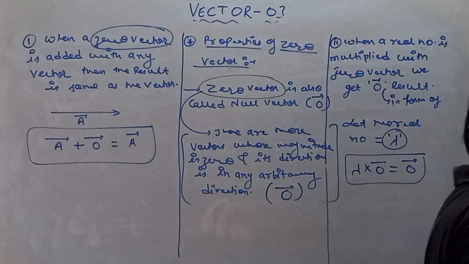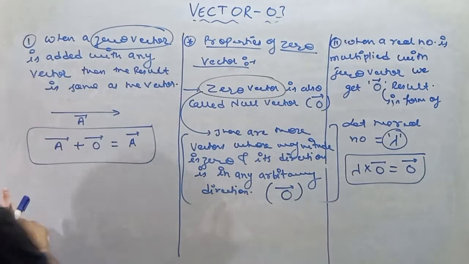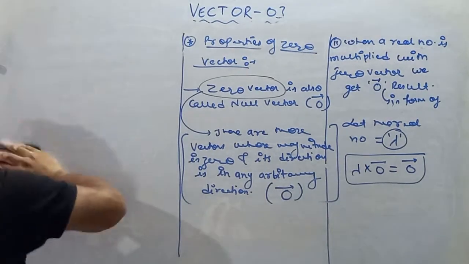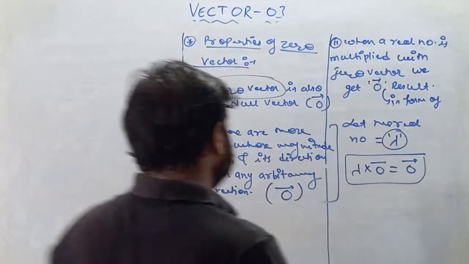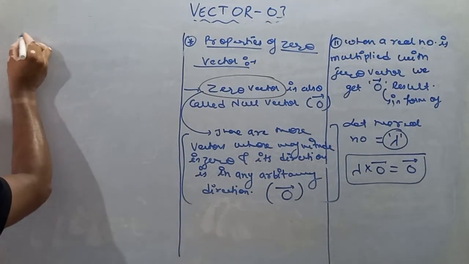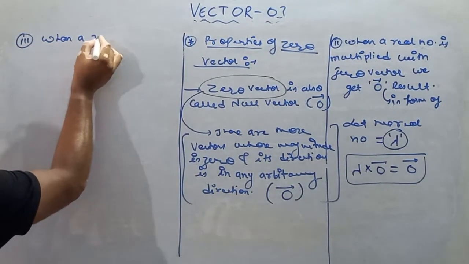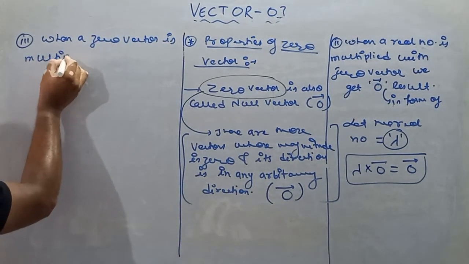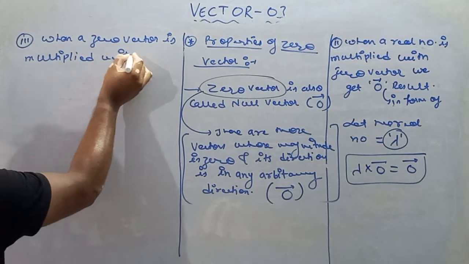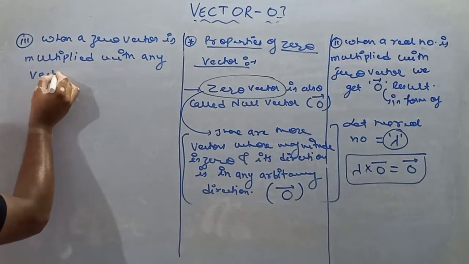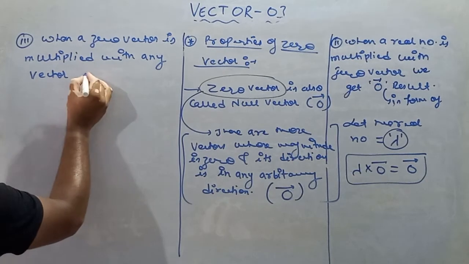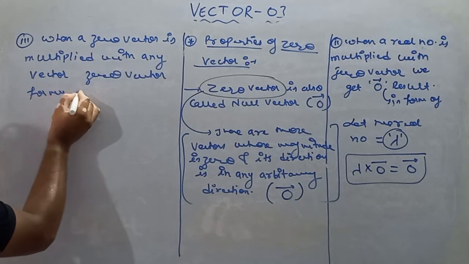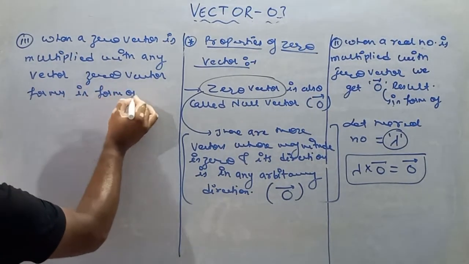Now moving forward, when a 0 vector is multiplied with any vector, write down the third point. The third property is, when a 0 vector is multiplied with any vector, 0 vector forms in form of result.